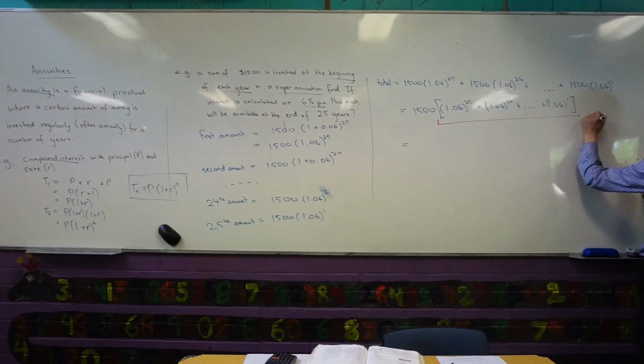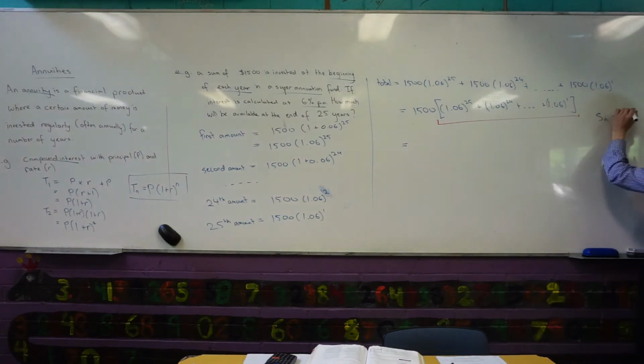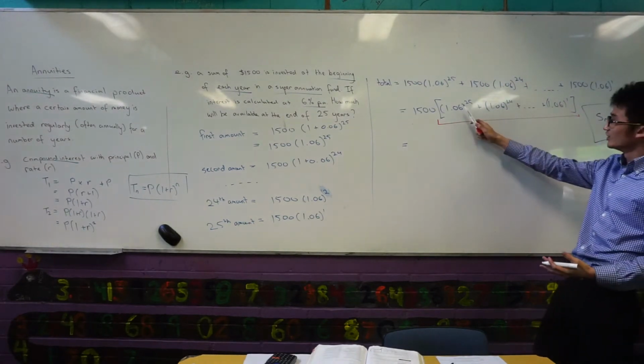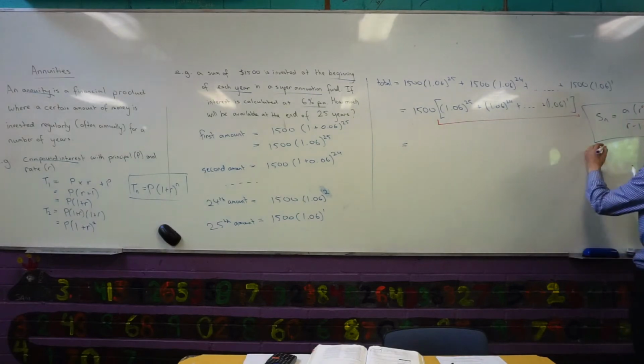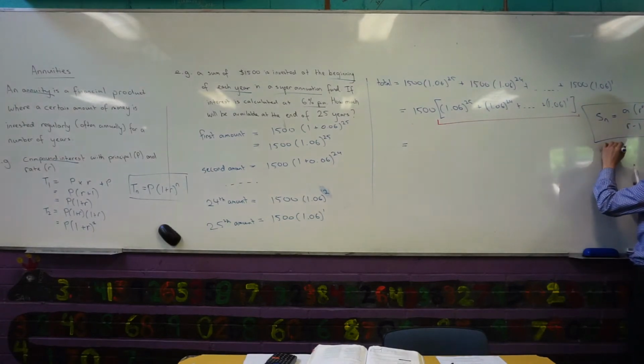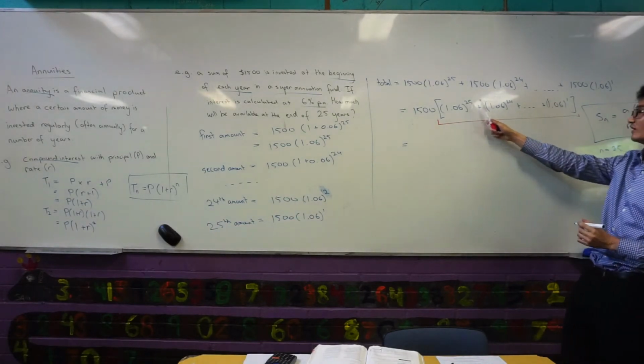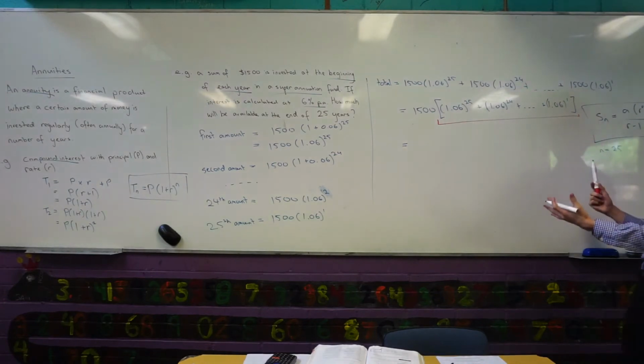I know I can find the sum of a series using the a times R^n minus 1 over R minus 1 formula. I really need my A, R, and N values. And I know how many terms there are. It's quite easy. There's actually just 25 of them, because I'm going from the power of 25 all the way back down to 1. So there's 25 terms.